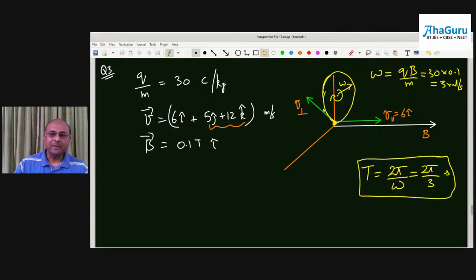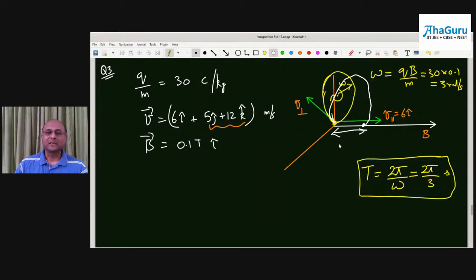But in this time, instead of just going around like this, it would have moved forward. So actually what would have happened is it's not this path that it is going to travel in. It is going to travel in a slightly different path. It is going to start like this, and it will go up like that. And when it comes back down, it is going to come down somewhere here, right? And this distance is what we are interested in calculating.